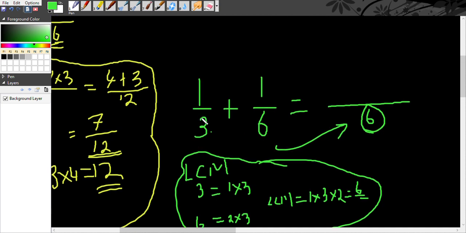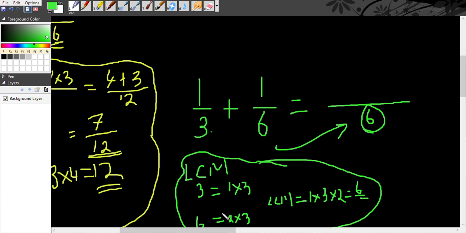So in this case, if our LCM is one of the denominators, our cross multiplication rule does not apply.